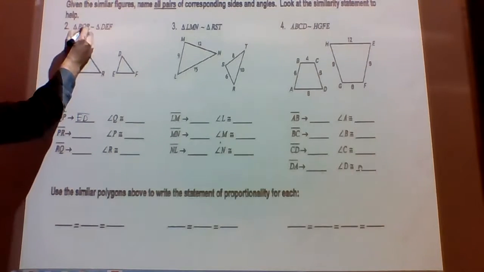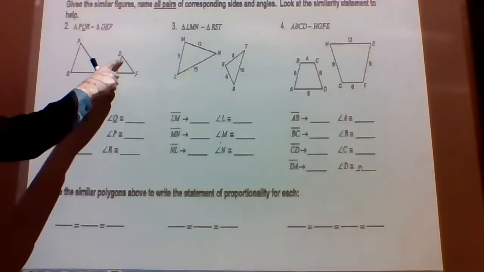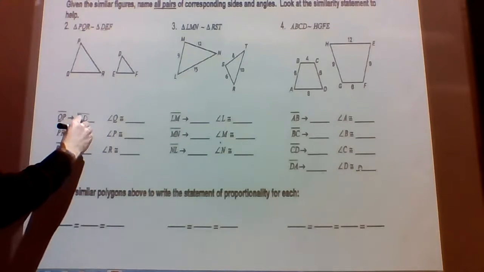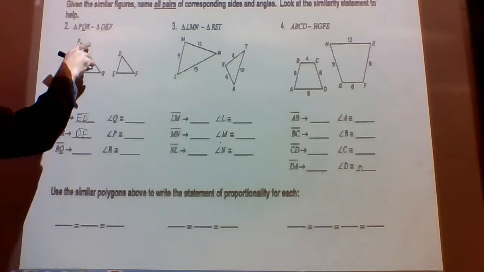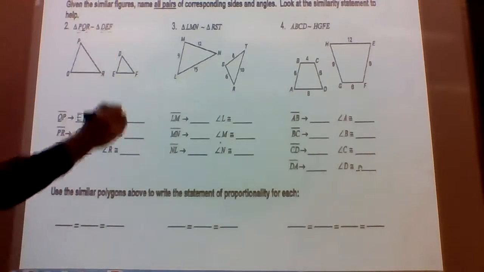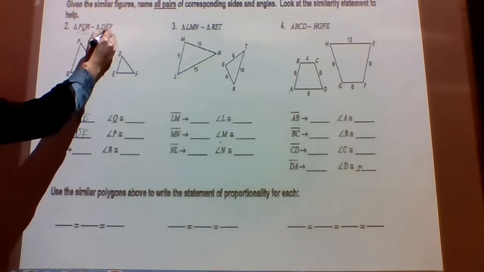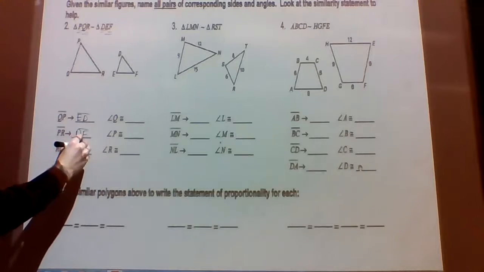So QP and ED. PR corresponds with DF. We can get it from the diagram, and we can also get it up here. PR corresponds with DF. Then RQ is going to correspond with FE.